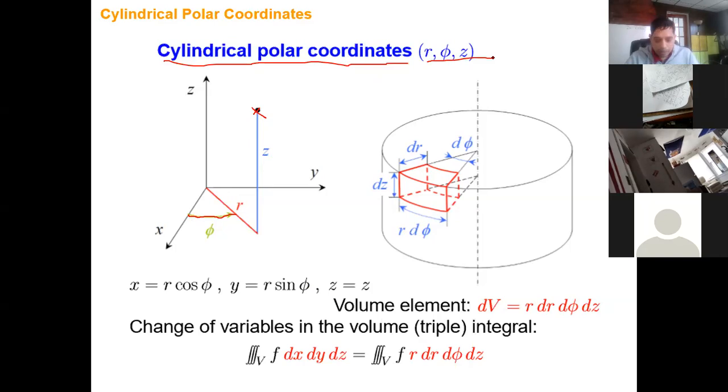Does it make sense? I think so. Okay. This kind of coordinate system is mainly useful if the object in question is cylindrical.